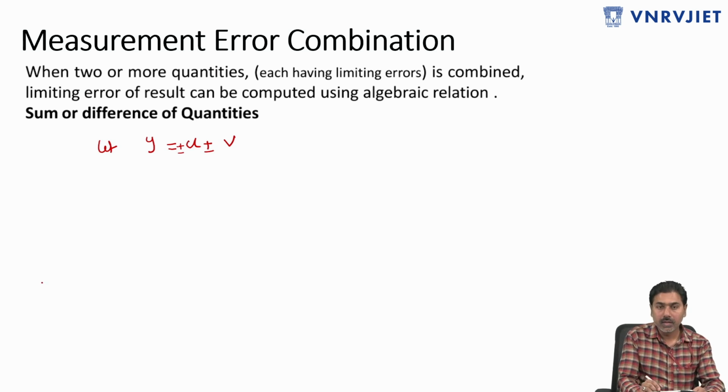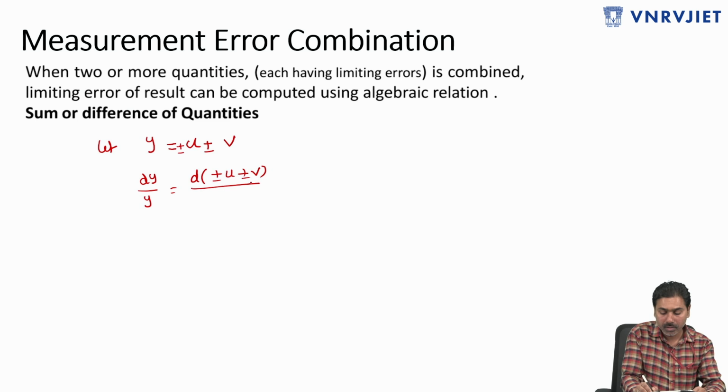Now we take the change in y, that is dy by y. This is equal to the change in the combination of these two parameters, plus or minus u plus or minus v, divided by y.